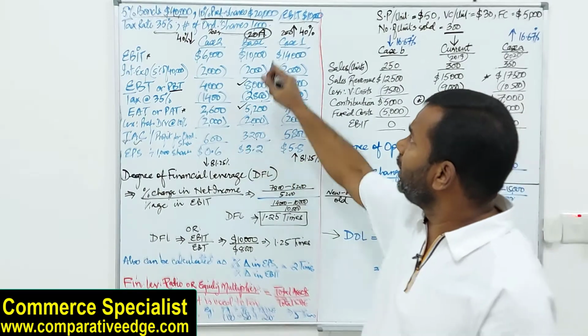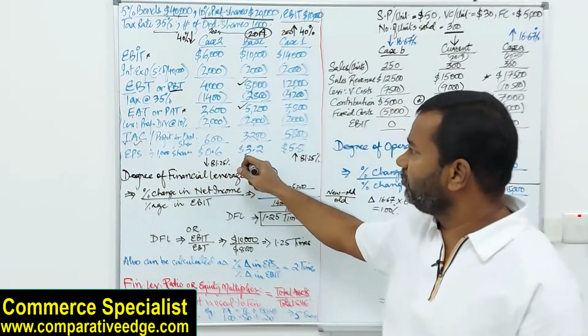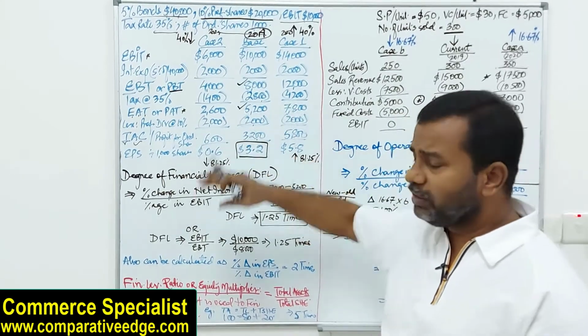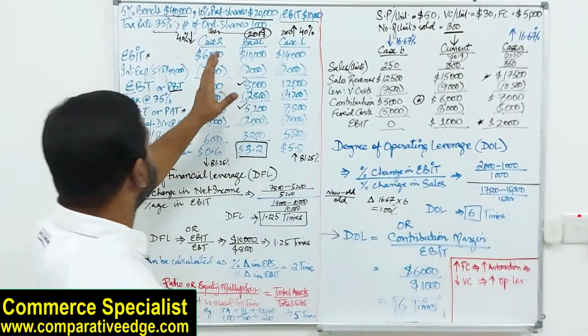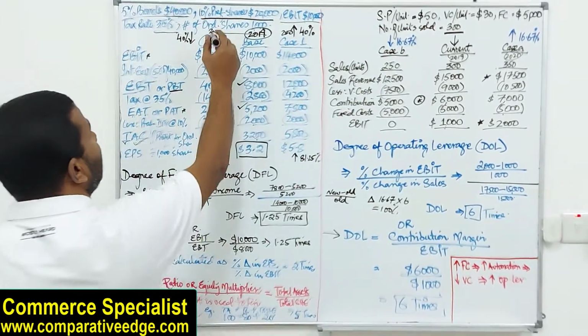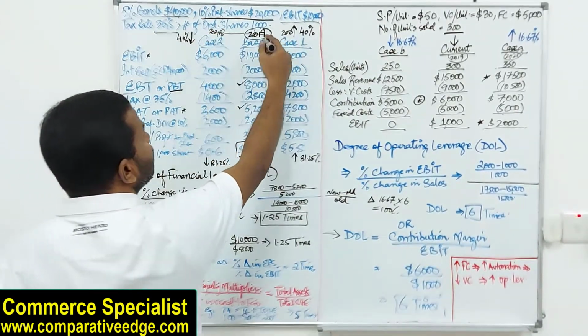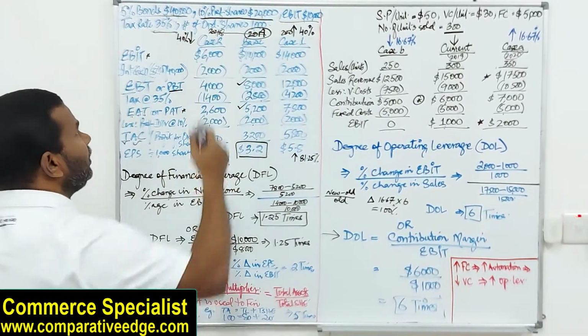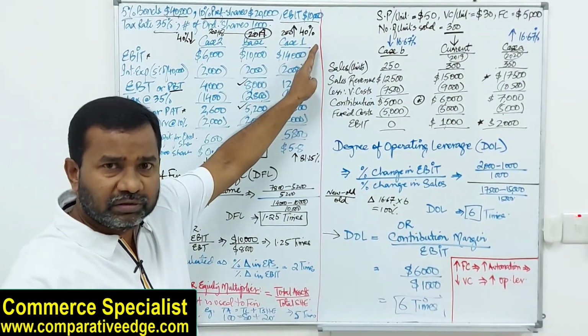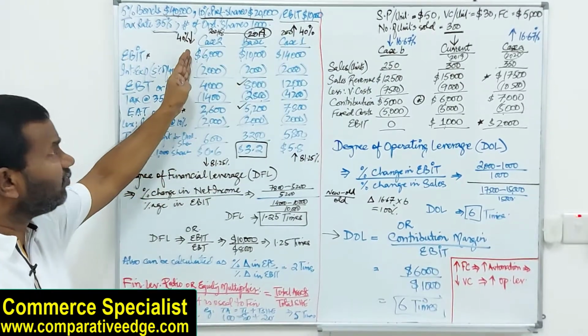This 3,200 I have divided by 1,000 ordinary shares. That gives me an EPS of 3.2. Similarly, for 2020 and 2018, this is 2020, this is 2019 and 2018. I am assuming, what if the EBIT increases by 40%? And what if the EBIT reduces by 40%?